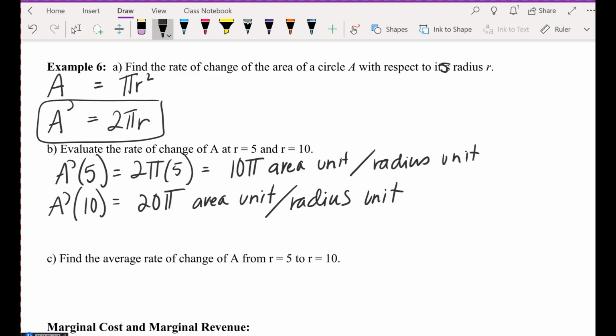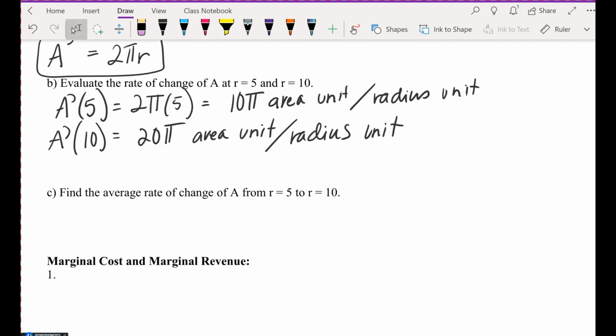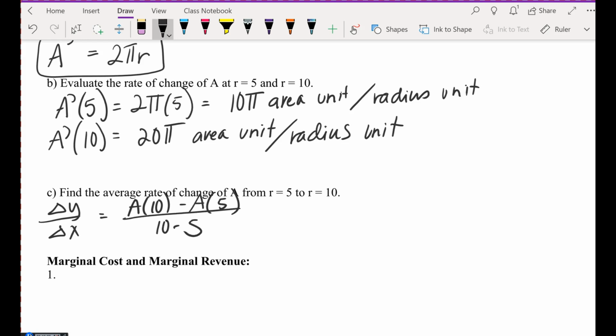All right. What do we do? Delta y divided by delta x. That's the same as saying area at 10 minus area at 5 all over 10 minus 5. So the area formula was pi r squared.